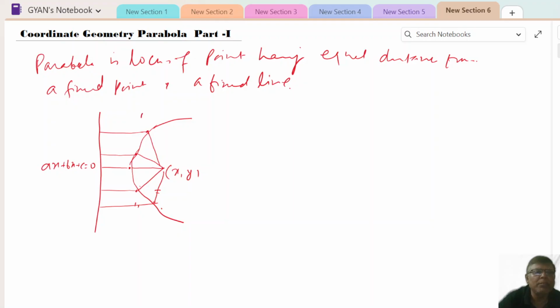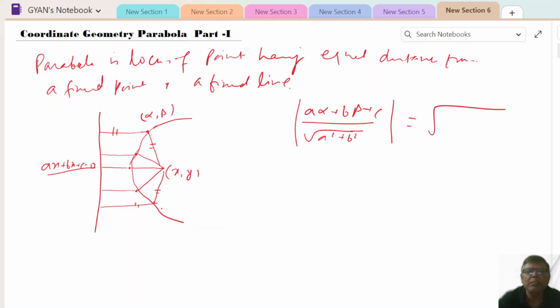So this is a variable point. Suppose this is the variable point, (alpha, beta). Then how will we find the locus? This distance will be equal to this distance. This distance is the perpendicular distance from this line, so (a alpha plus b beta plus c) divided by root of a square plus b square is equal to the distance, root of (alpha minus x1) the whole square plus (beta minus y1) the whole square.